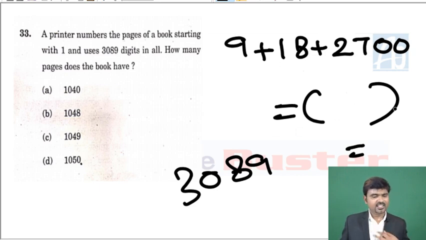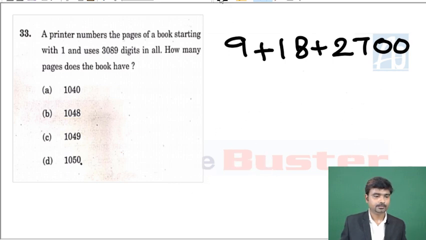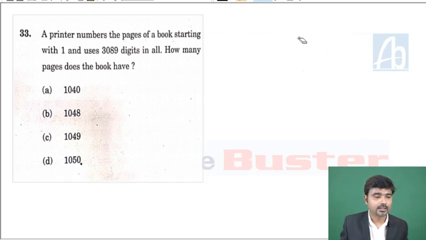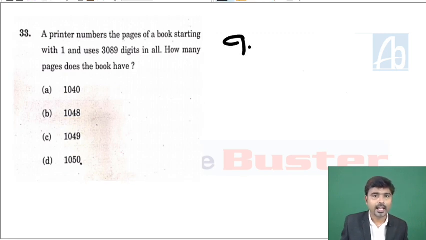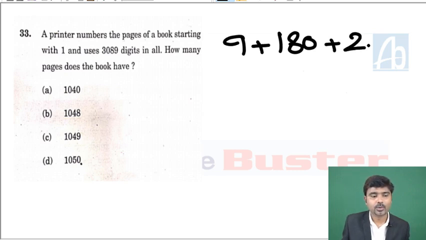Till this it's okay, fine. Sorry, it's not 8. Sorry, I made a mistake. Totally how many numbers? 9 single digit numbers. Then 90 two digit numbers, 90 into 2, 180, plus 3 digit numbers 2700, right?